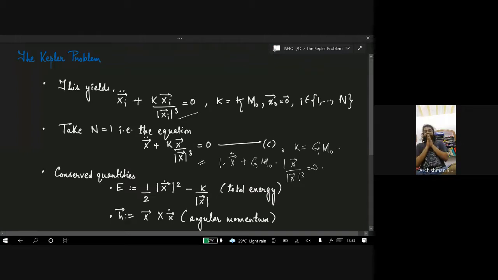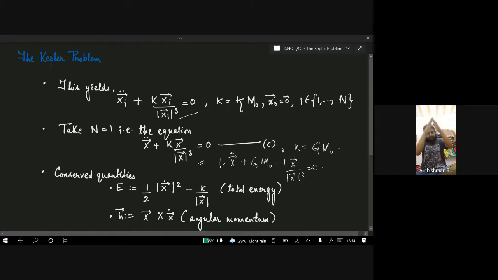Now, the point I want to make is that if the angular momentum is conserved in time, then it is conserved both in terms of magnitude and direction. So I can rotate my axes, since in the case of conservation of angular momentum I'm working in three-dimensional space. I can rotate the x, y, and z axes in such a way that the angular momentum vector is oriented along the z-axis.